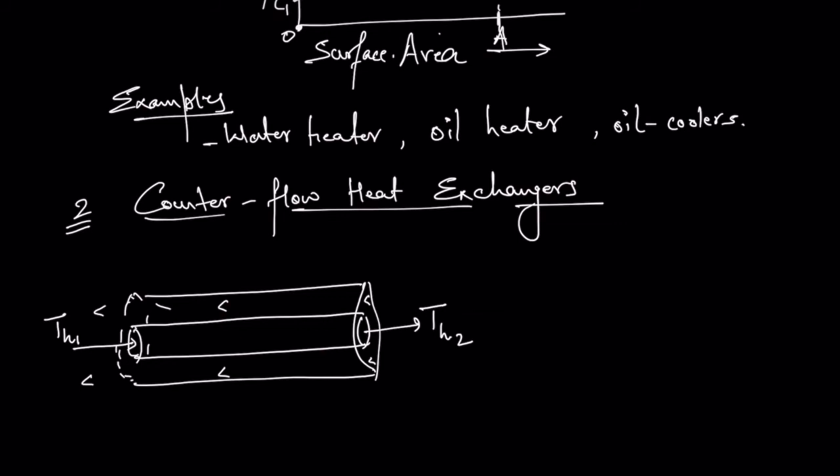The cold fluid entrance is here, TC1, and it is counter flow, so TC1 is on the right side and TC2 on the left side. Okay, so this is how it will look.